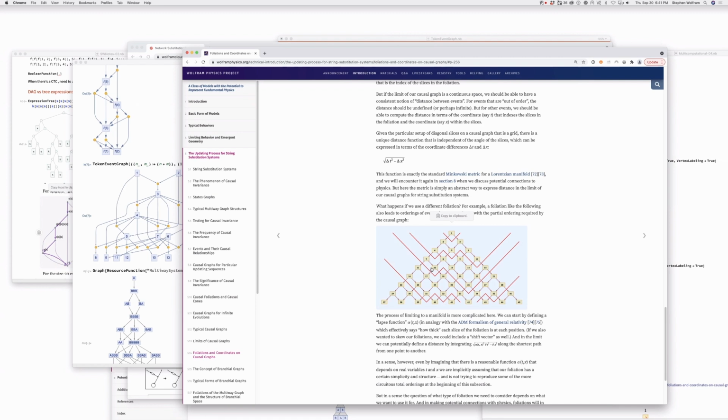But in the pure space-like case, we're essentially laying out events in space, and we're asking what is the ordering in which we are going to consider the events to happen?